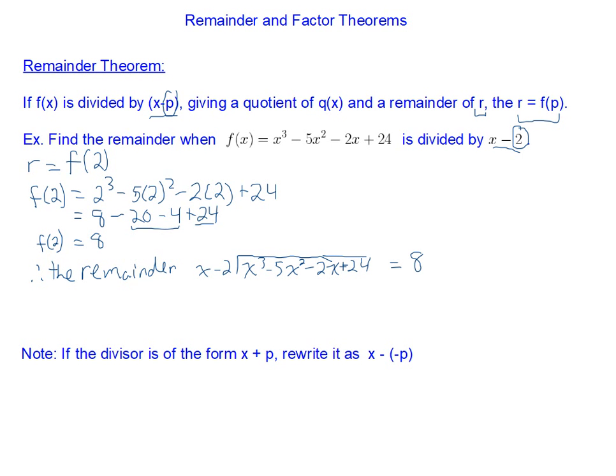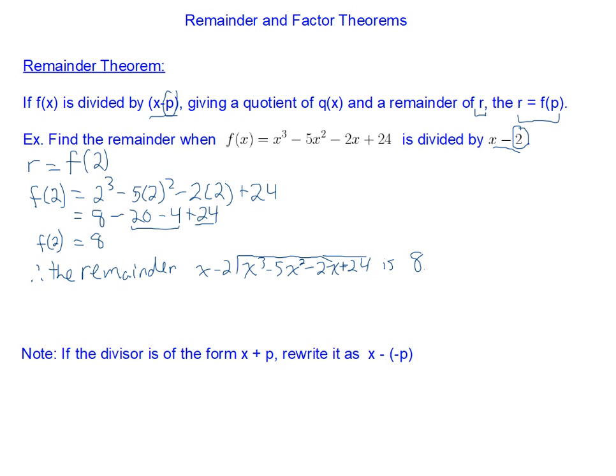Maybe instead of an equal sign, I'll put an "is" in there since this is a sentence. And we can actually go ahead and do that division, and when you do that division, you'll see that you do in fact get a remainder of 8. So that's a nice quick way if you want to know what the remainder is without having to do the division. That is a huge time saver.